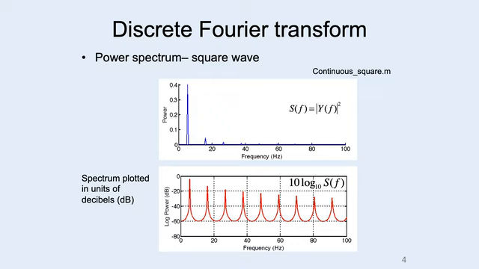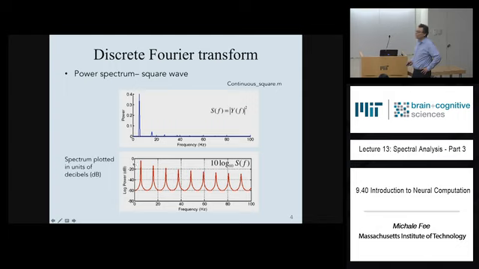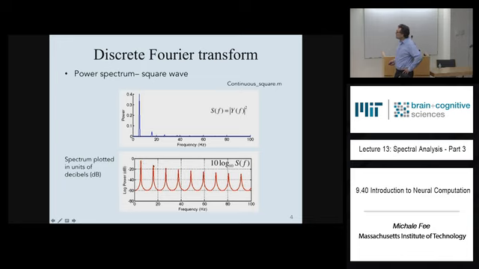Okay? So each tick mark here of size 10 corresponds to 1 order of magnitude in power. So this peak here is about 10 dB lower than that peak there, and that corresponds to about a factor of 10 lower in power.